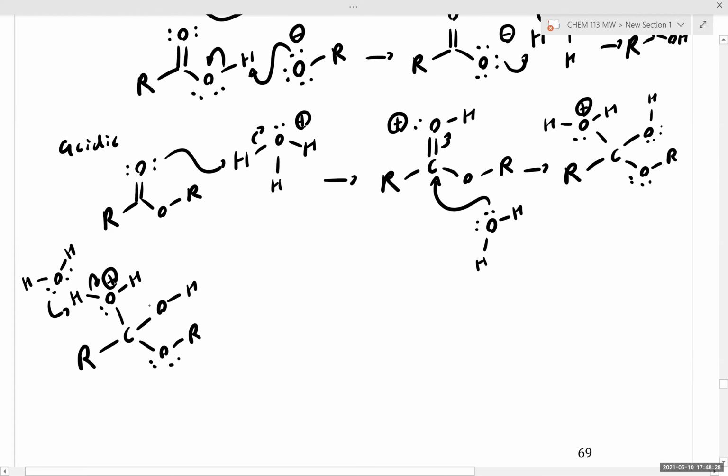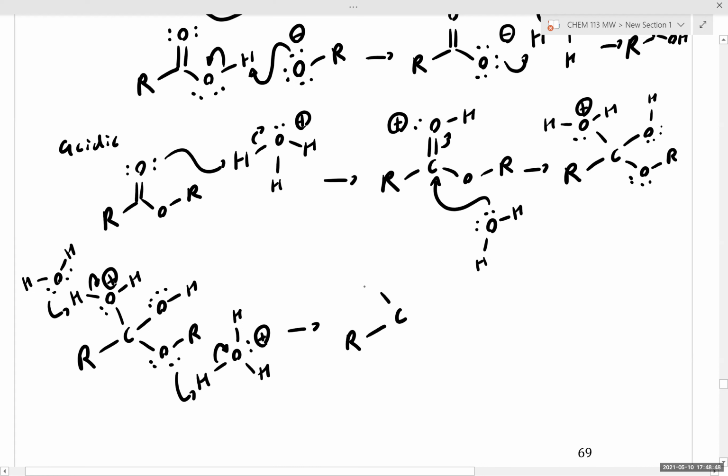And then we are going to protonate our, in this case, ether oxygen, to activate this alcohol as a leaving group.